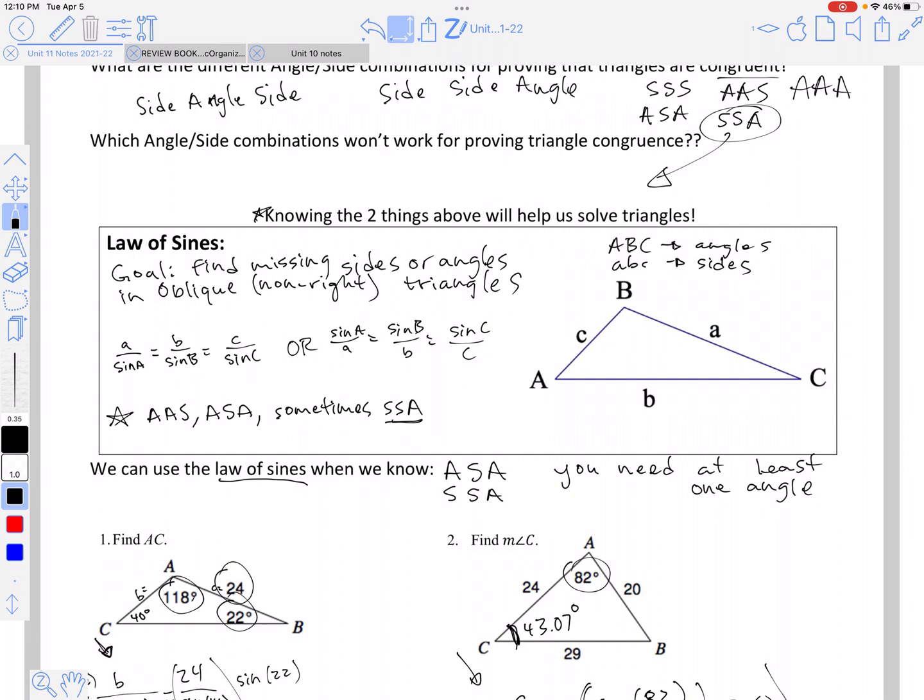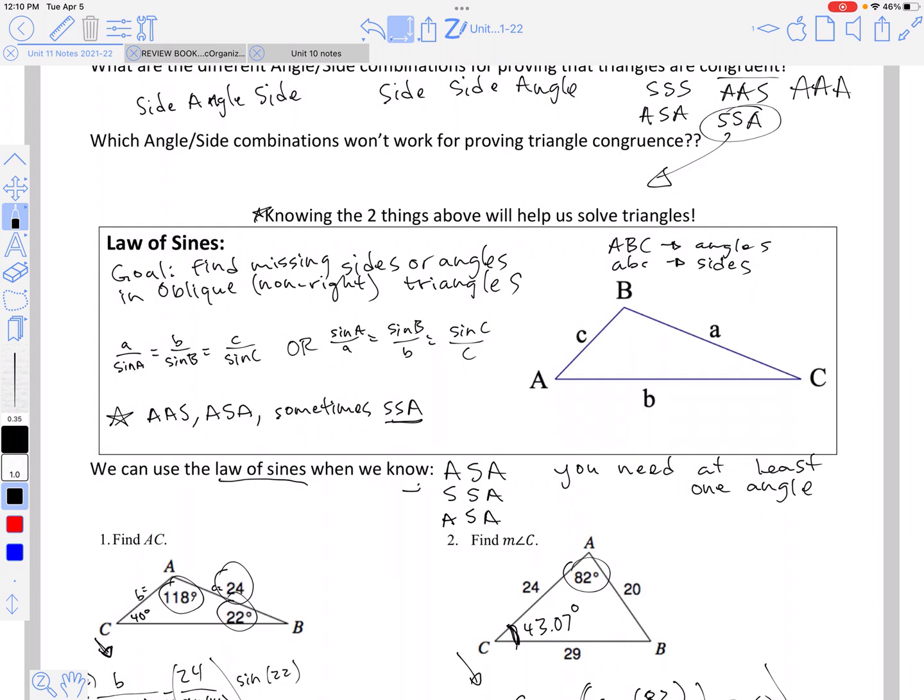Law of sines helps us find missing sides or angles in non-right triangles. If there's not a 90-degree angle, you have to use different strategies because SOHCAHTOA won't work and the Pythagorean theorem won't work. We can use law of sines when we have angle, side, angle, or side, angle, angle, or angle, angle, side, but you need at least one angle. You can't do it if you don't have an angle.